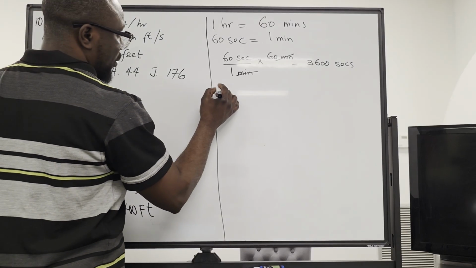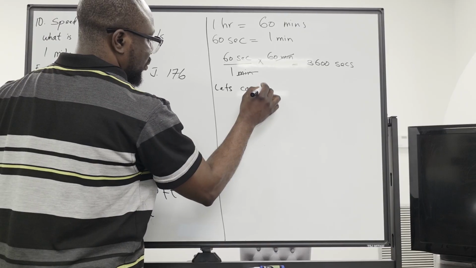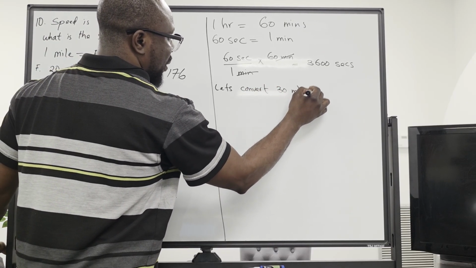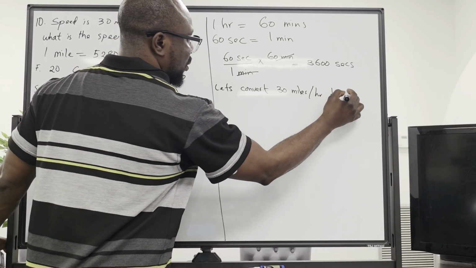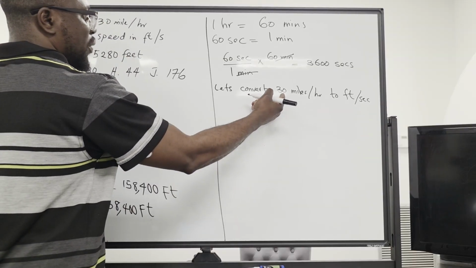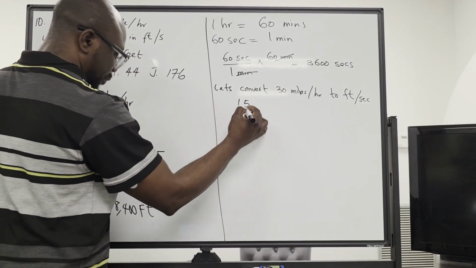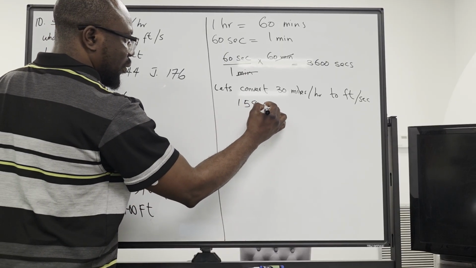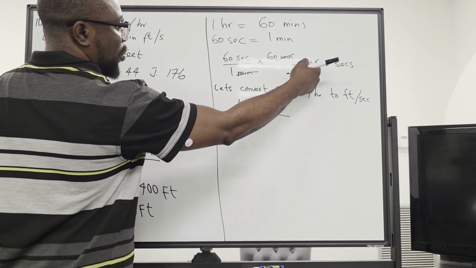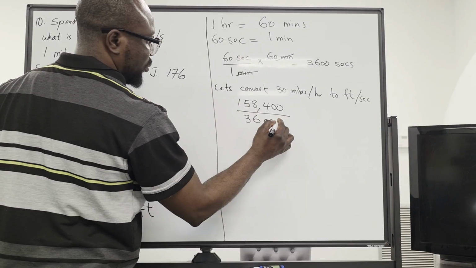So now let's convert 30 miles per hour to feet per second, right? Instead of writing 30 miles, it's the same thing as this right here: write 158,400. Instead of writing 1 hour, we're going to write 3,600 seconds.